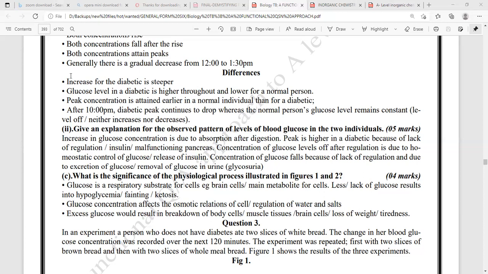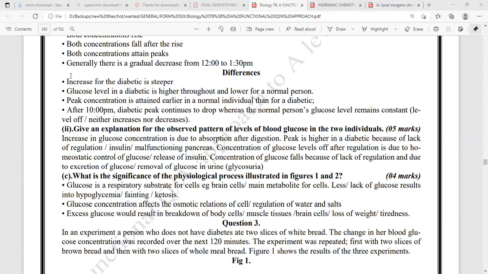What is the significance of the physiological process illustrated in figures 1 and 2? What physiological process is taking place? What is the significance? We are looking at glucose being a respiratory substrate for cells, such as brain cells, or the main metabolite for cells.